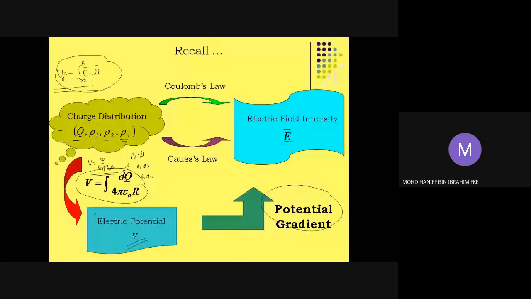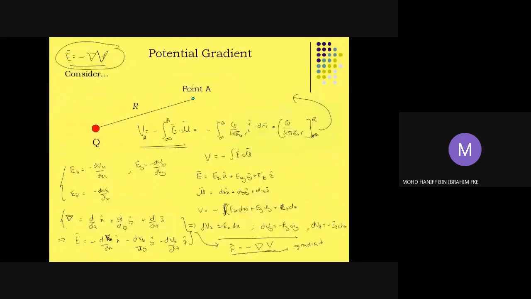We have Coulomb's law in chapter 2, Gauss's law in chapter 3, and presently we have the third method, which is the potential gradient, in which the E field is negative grad of V. So if we know the potential value, we can use it to find the E field. That's the importance of the gradient technique to find the E field. Okay, let us proceed with this slide.